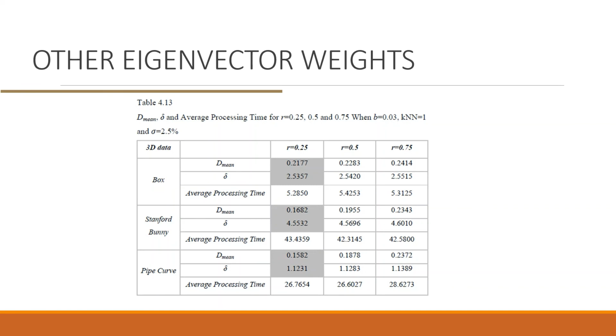From this table, we can see that the smaller value of R gives us the best result. Therefore, it shows the significance of the weighted eigenvector introduced in this paper. We should lower the effect of the normal vector in 3D denoising.